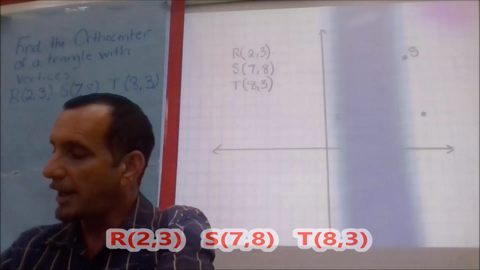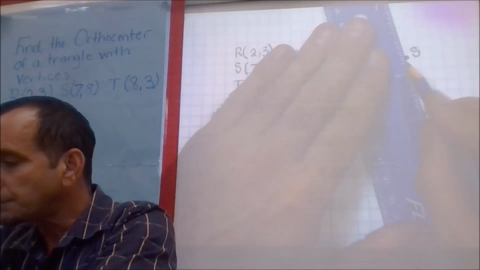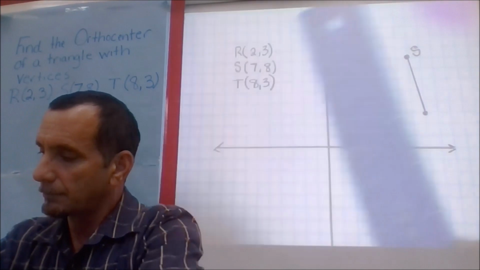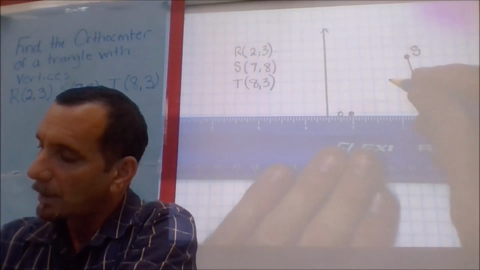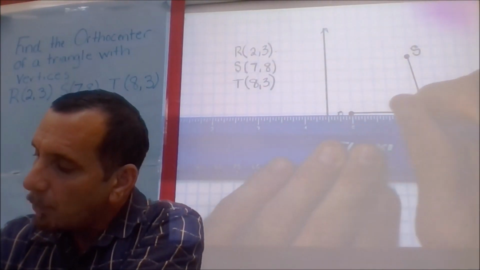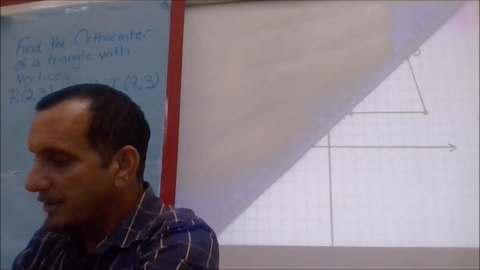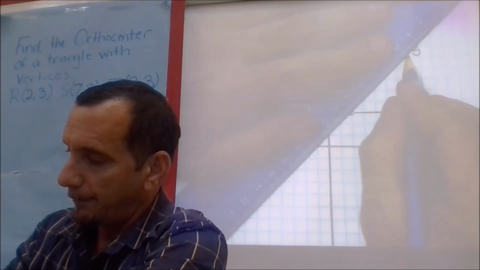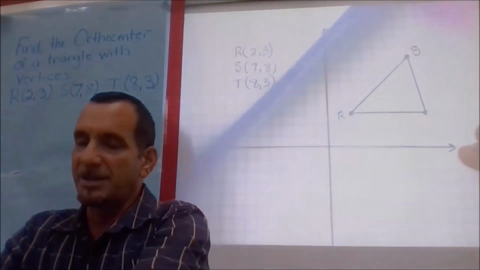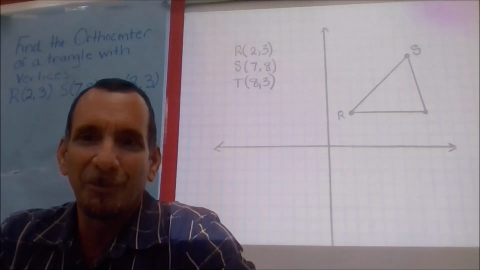So I've got my triangle. It's always good to do these orthocenter problems on graph paper because it's better to be precise and it gets a little bit messy. So graph paper is always very helpful.